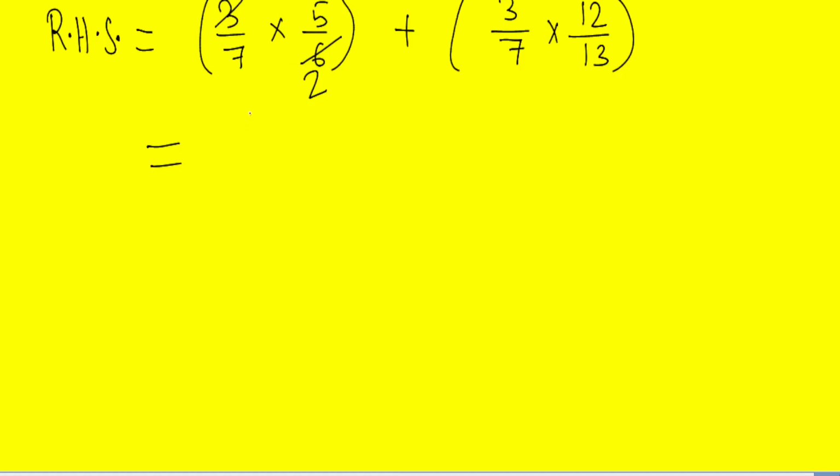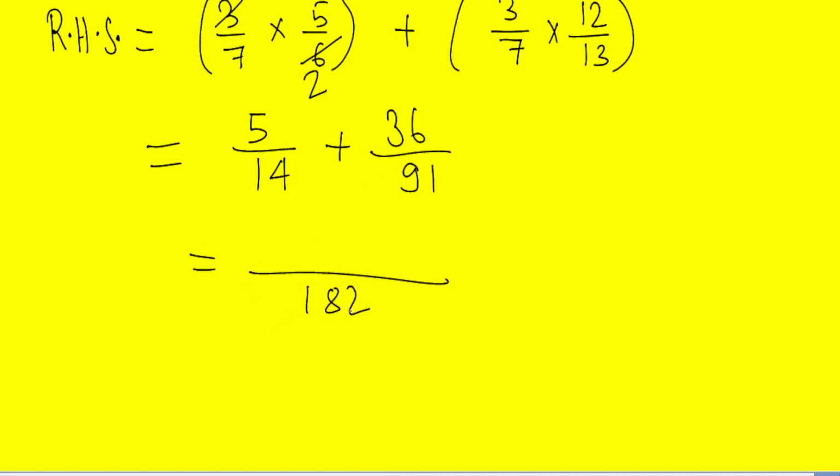So here 5 remains in the numerator and in the denominator 7 multiplied by 2 is 14, plus here it is 36 in the numerator and in the denominator 7 multiplied by 13 is 91. Okay. Now 14 and 91, we have to take the LCM of 14 and 91. It's very easy, 182 is the LCM. If you have any doubt that 182 is not the LCM, you can verify it also.